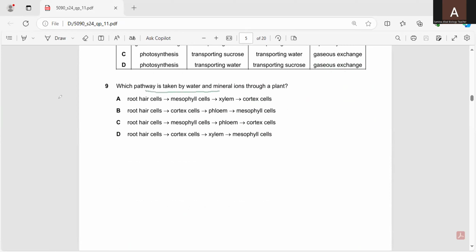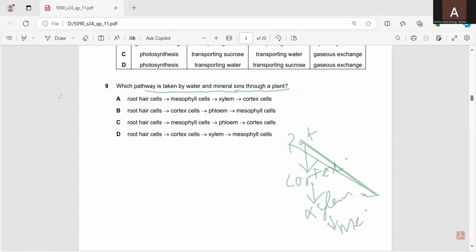First of all, the water is absorbed by the root hair cells, and from root hair cells to the cortex, and then from cortex to the xylem, and xylem to mesophyll cells, where the process of photosynthesis takes place in the mesophyll tissues. So according to this information, root hair cells to mesophyll cell.